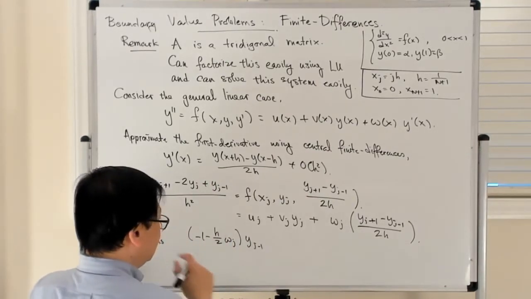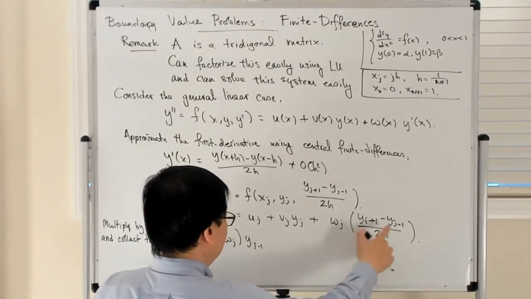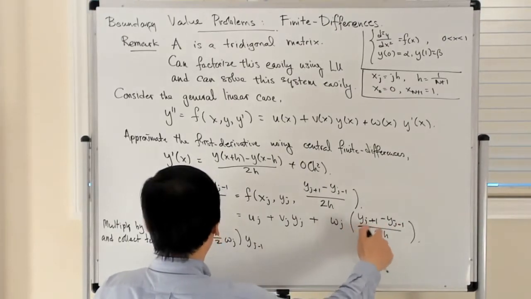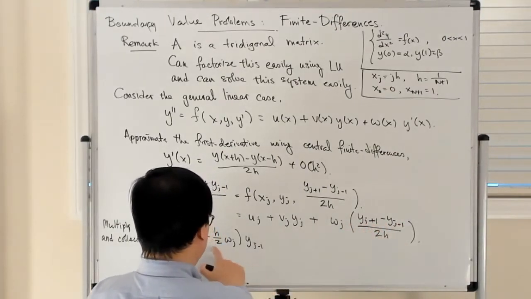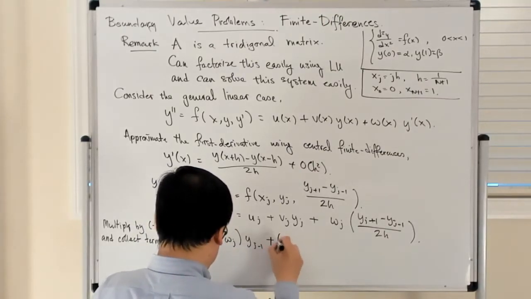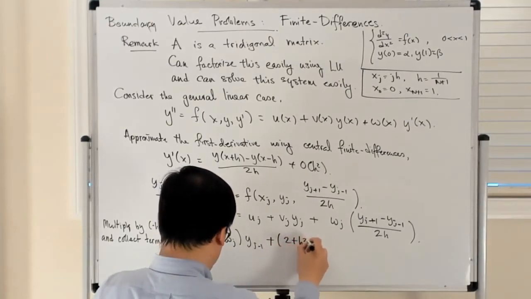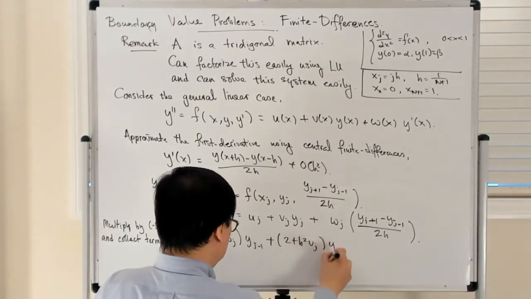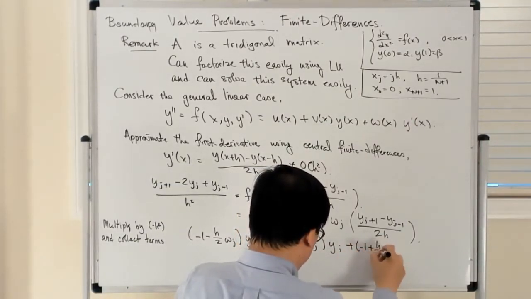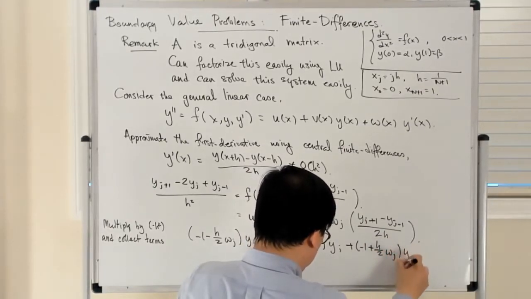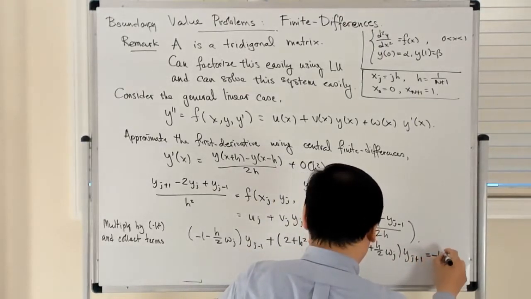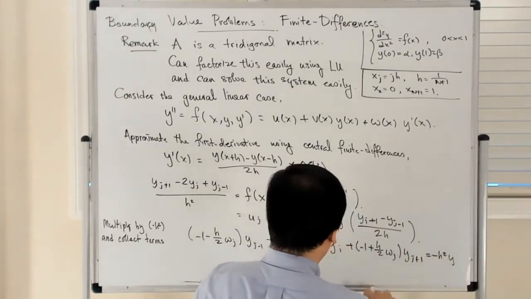And because I've multiplied the terms involving the yj minus 1s and yj's again by minus h squared, you get this minus h squared wj term, plus 2 plus h squared vj yj, plus minus 1 plus h over 2 wj yj plus 1, is equal to minus h squared uj.